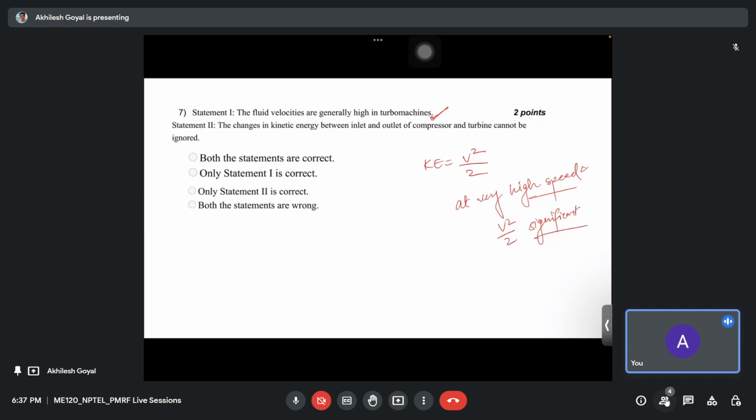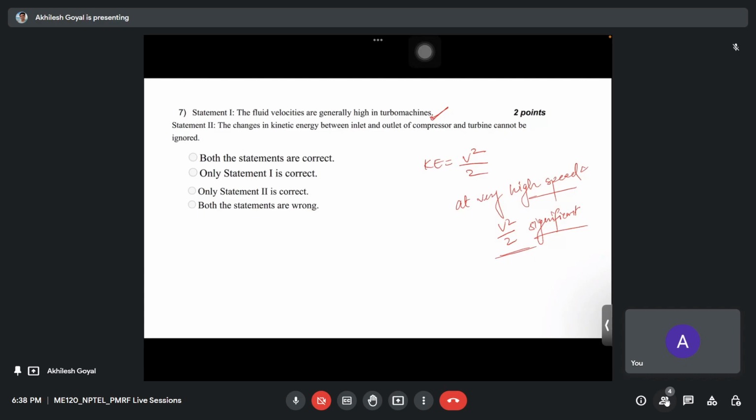So the first statement was the fluid velocities are very high in the case of turbomachines, and the second statement is the changes in kinetic energy between inlet and outlet of compressor and turbine cannot be ignored. Okay. So yes, it cannot be ignored.